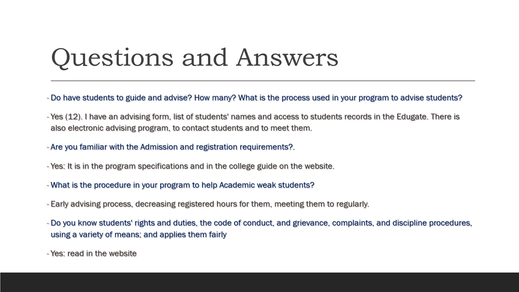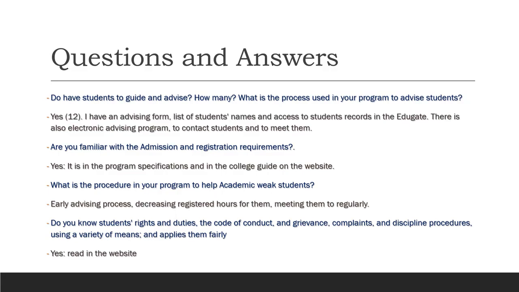Are you familiar with the admission and the registration requirements? You should be, because if you are not, you cannot be a good advisor. What is the procedure in your program to help academically weak students? We talked about this, but if you have weak students, you can talk to his advisor. At the beginning of every semester, as advisor, sorry, you are the advisor, you can advise him to register for fewer courses and give him an early advising process.